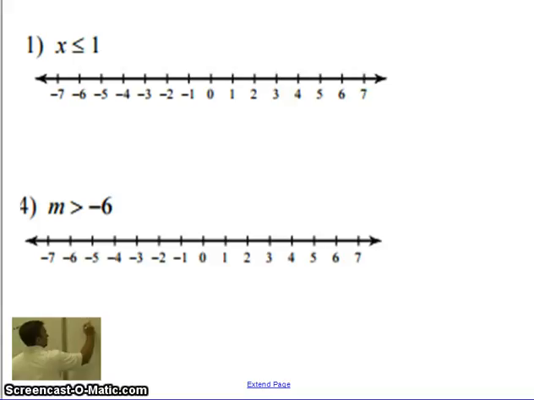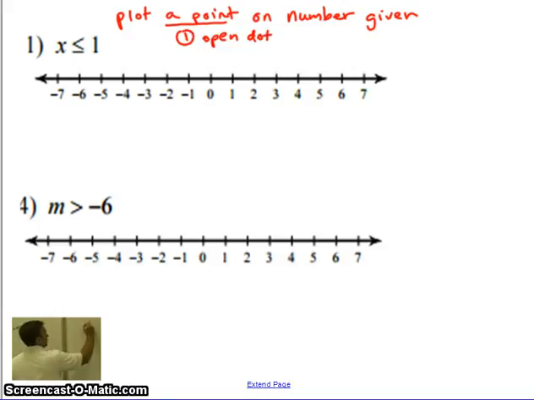Now the rule for graphing is first, we're going to plot a point on the number given. And that point can be one of two things. It could be an open dot, or it could be a closed dot, or solid.